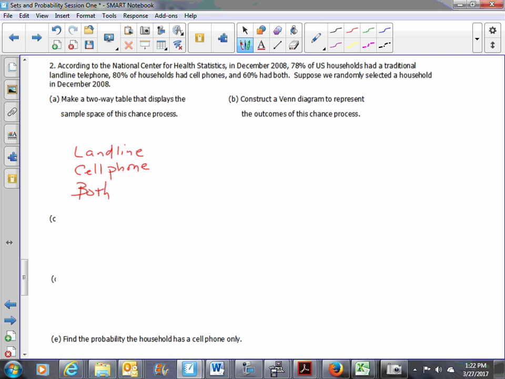Not really seeing how to make a two-way table out of this. According to the National Center, 78% of U.S. households had traditional landlines, 80% had cell phones.